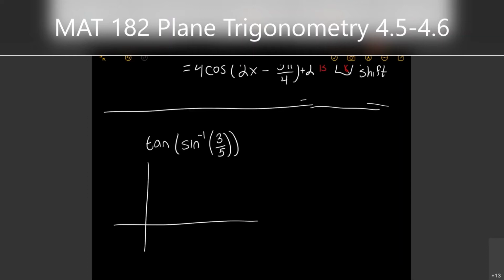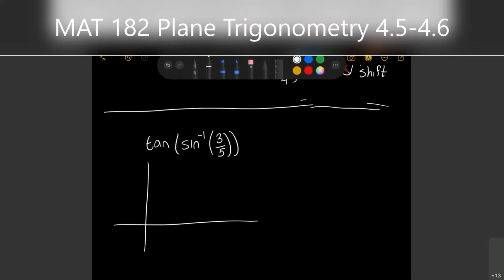So let's dive into this one. I think we've got a pretty hefty collection of solutions here. Which quadrant should we be drawing this angle in if we're considering the sine inverse to start? Quadrant 1. Okay. So if we call this tangent of theta, we want to represent that theta angle as the sine inverse.